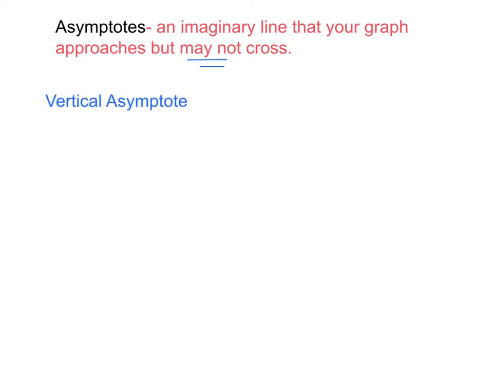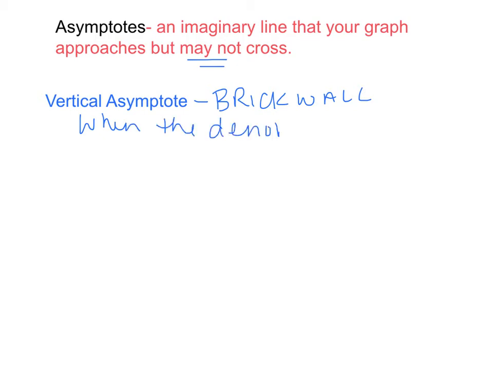All right, the first asymptote we're going to talk about is a vertical asymptote. And a vertical asymptote is a brick wall. There is nothing getting through this vertical asymptote. That means it's something that can never be interrupted. That is when the denominator equals 0.